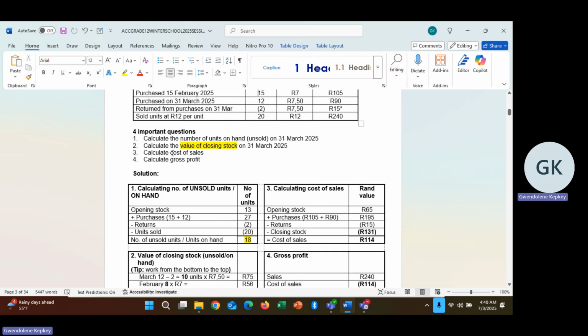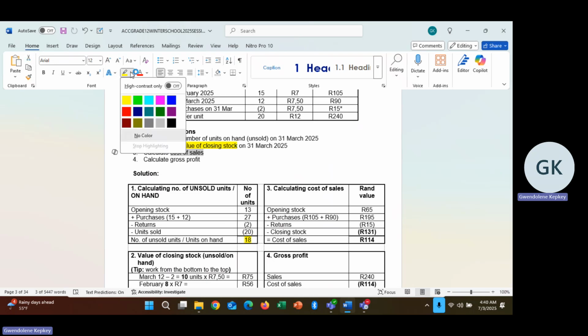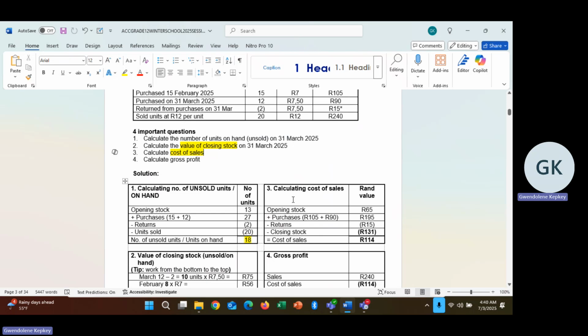The next question asks for the cost of sales. Now, Grade 12, when it comes to the cost of sales calculation, surely by now you are very clear on the formula. So the formula says you take your opening stock, you add purchases, but together with the purchases, you add your carriage on purchases should there be carriage that is indicated separately.